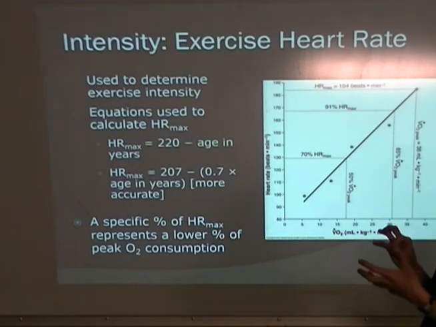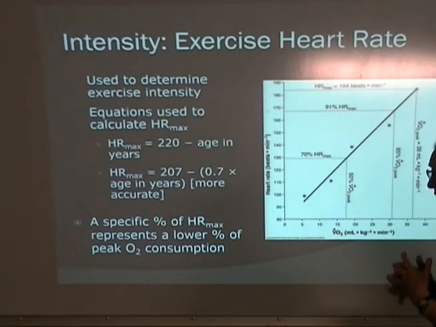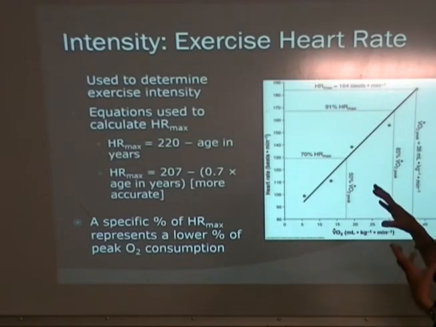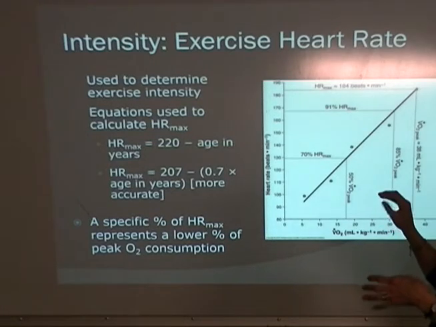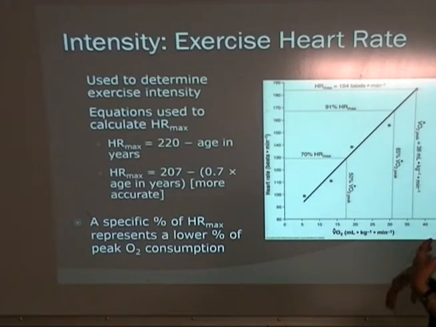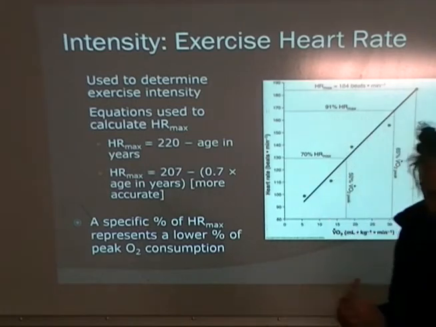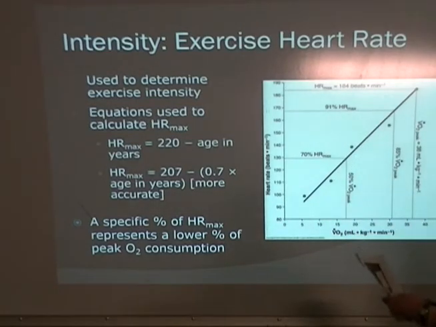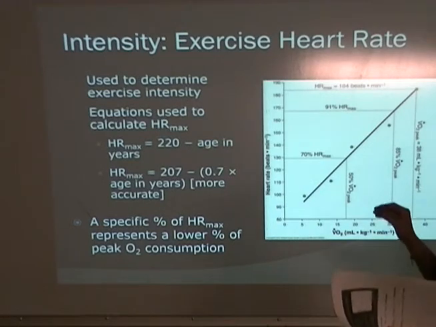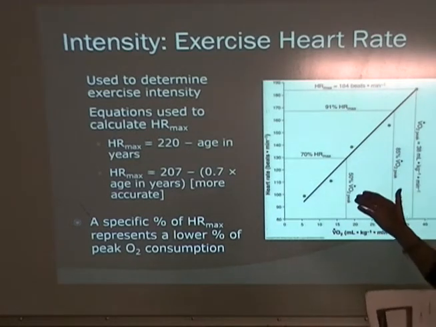A slightly more accurate estimate is 207 minus 0.7 times your age. If you look online, there are a couple of different versions of that equation. There's a 208 one, a 209 one, but this is the one that's in our textbook. And it's still an estimate of your heart rate max, but it's more accurate than the 220 minus your age.